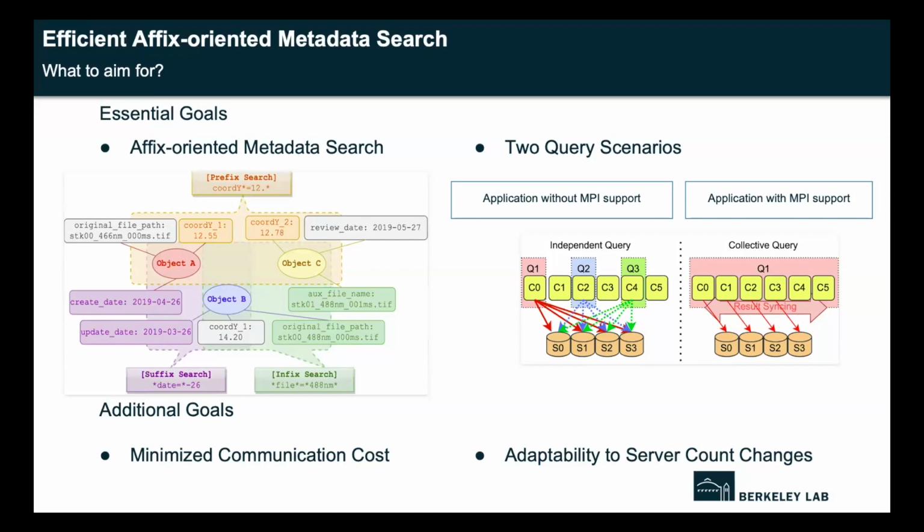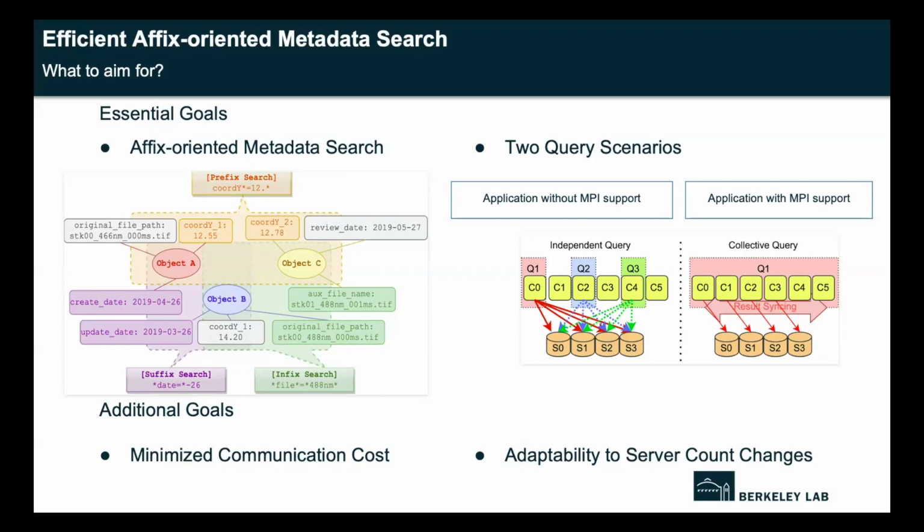Secondly, you need to support two different query scenarios, because not all applications have MPI support, and MPI may not always be available depending on your environment. For applications without MPI support, all queries are sent independently, and for applications running on HPC with MPI available, you can send your queries collectively.